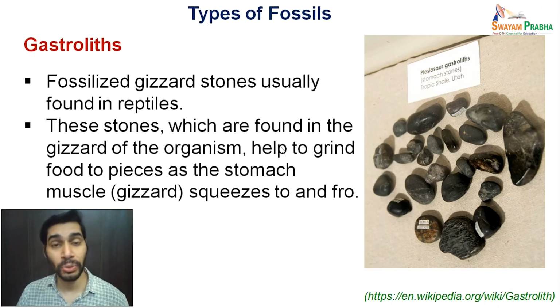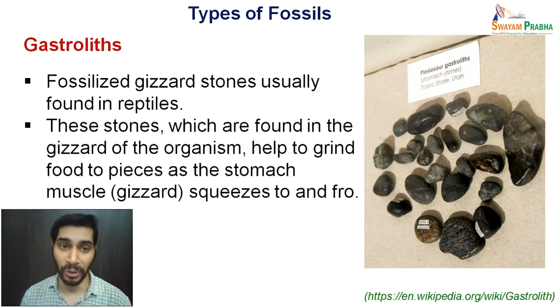So these stones, when they get fossilized and you find them as a fossil, we name them gastroliths. Again, they also provide lots of information about which organism they belong to, what kind of organism it was, the size of the organism, the feeding habits of the organism, and so on.